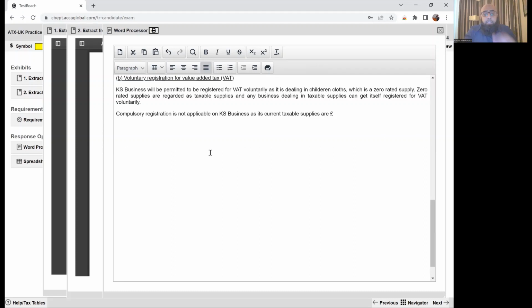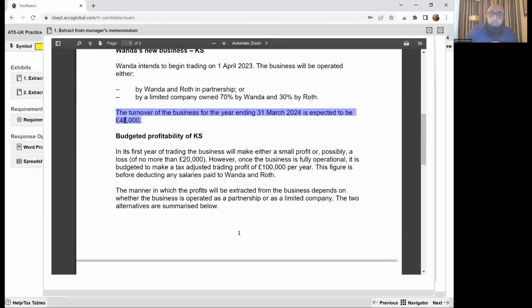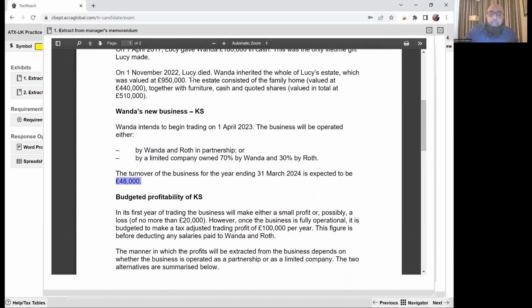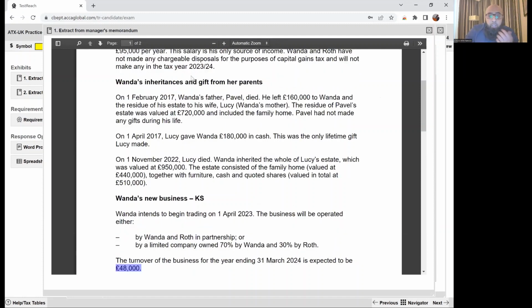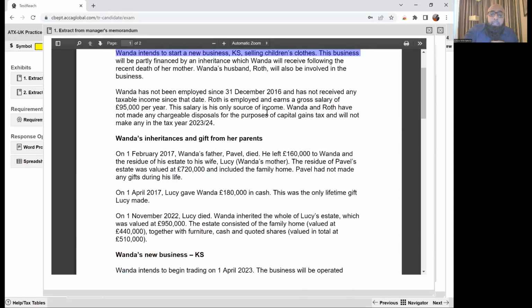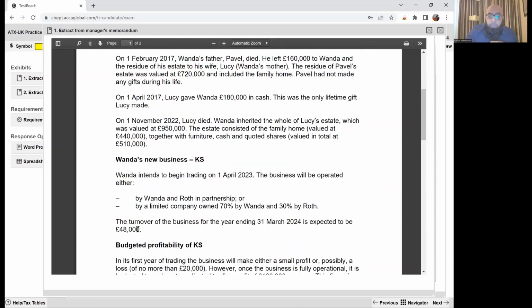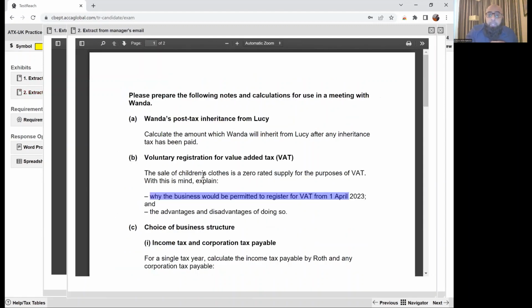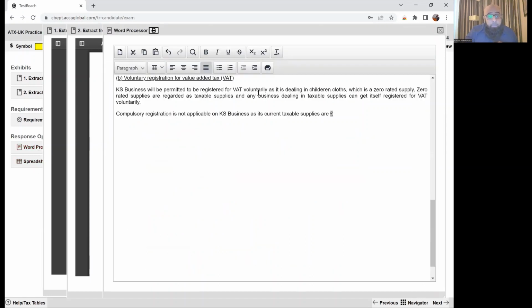Now, since its entire activity is selling the children clothes, this new business KS will be dealing in children clothes, and its turnover will be 48,000 pounds. Now you can read it. He has made it clear that children clothes are zero rated supplies.